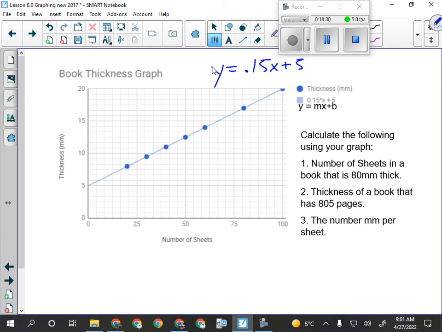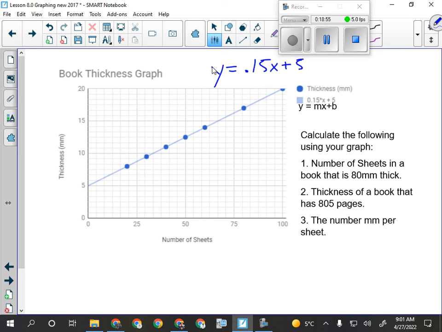The first question there says, calculate the number of sheets in a book that is 80 millimeters thick. When I have a graph and I get a question like this, I need to understand a couple of things. First off, which axis are millimeters on?